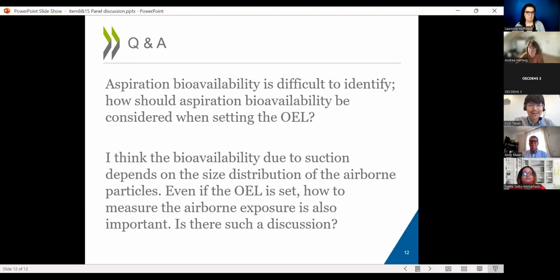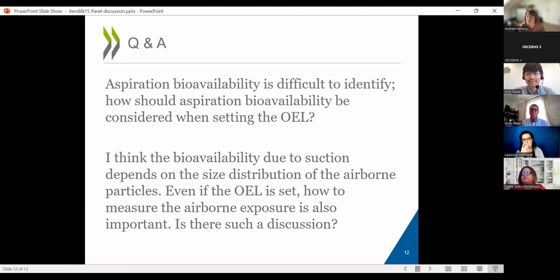Thank you, Lawrence. And also Andrea, please. Well, I think what we didn't discuss this much would be biological monitoring. So I think we should discuss both air monitoring and also biological monitoring. Within biological monitoring, you can see what really comes into the body and what effects are mediated by these internal concentrations. So I think it's very important always to investigate whether it's possible to also identify a biological limit value or biological guidance value.